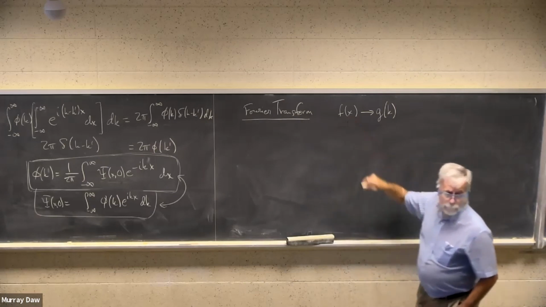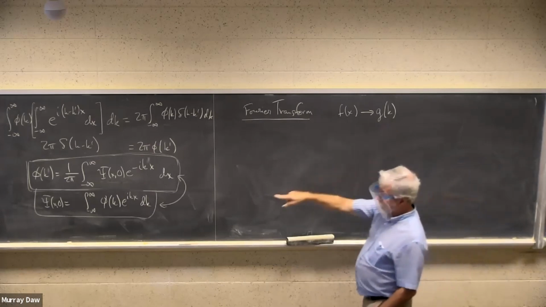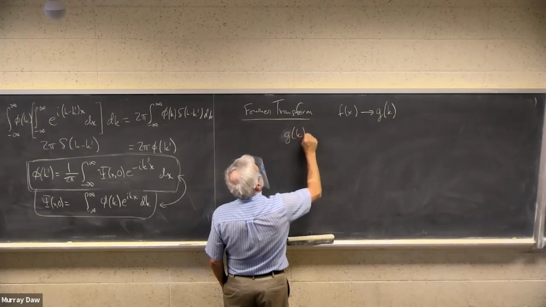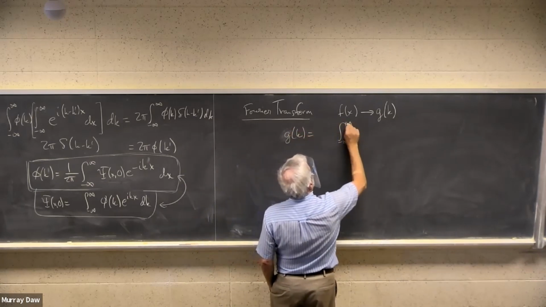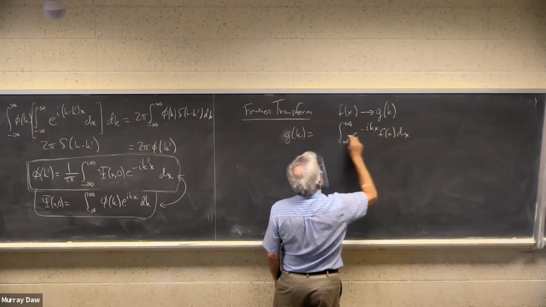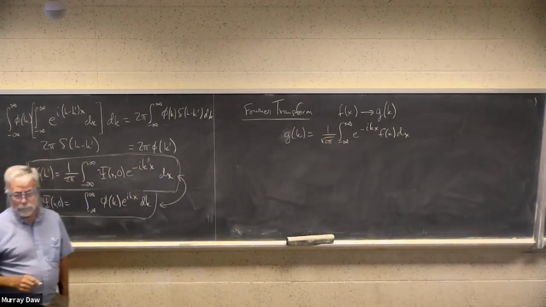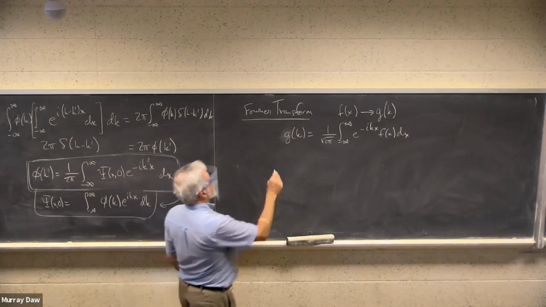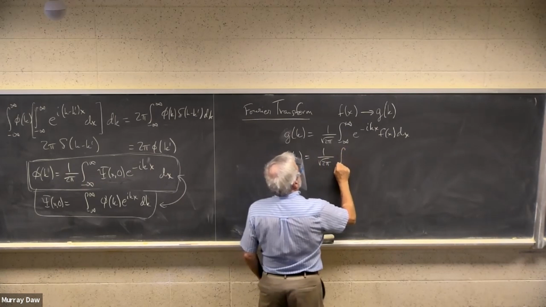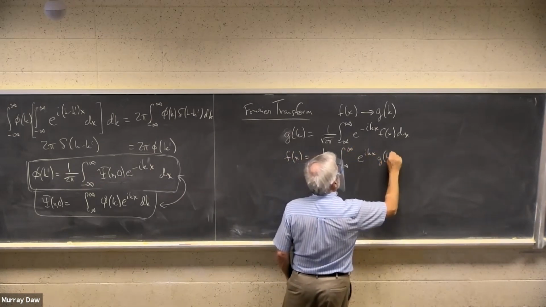So I have some function in general, and I want to find another function which is defined by this integral. So g of k is the integral of e to the minus i k x f of x. And to make this more symmetrical, we put in a factor, usually a factor of 1 over root 2 pi here. And then the inverse goes from g of k back to f of x.